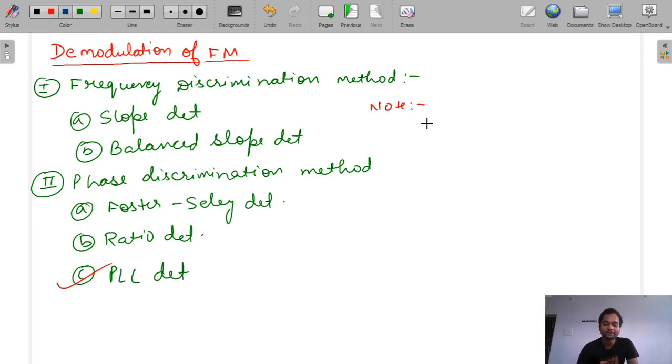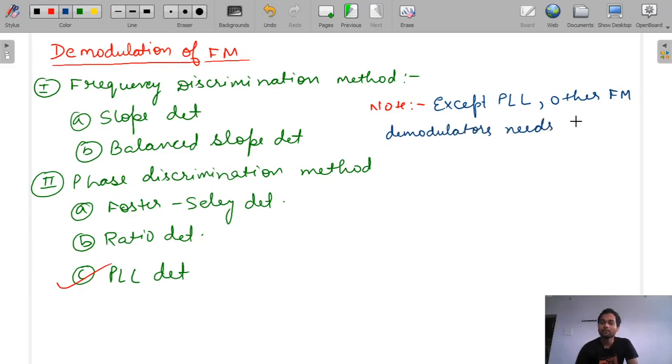The note point is, except PLL, PLL is phase lock loop, other FM demodulators need a transformer.